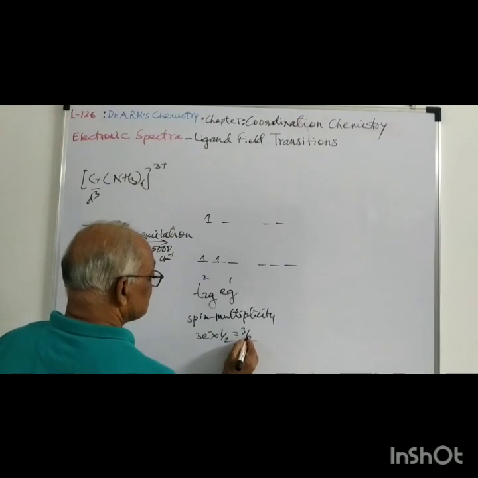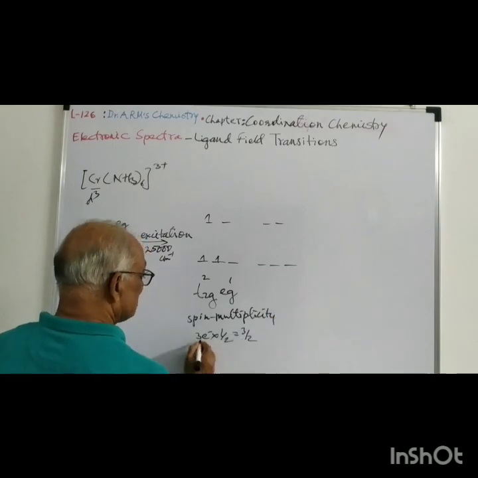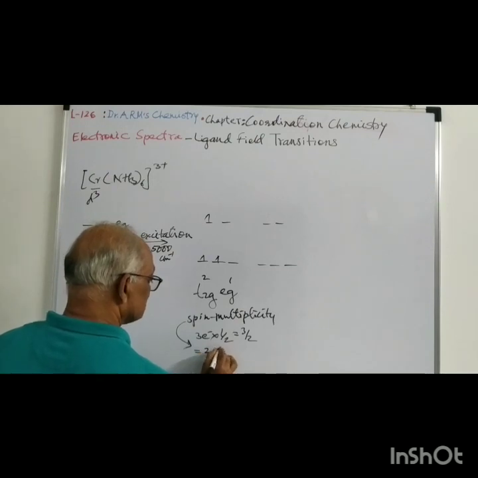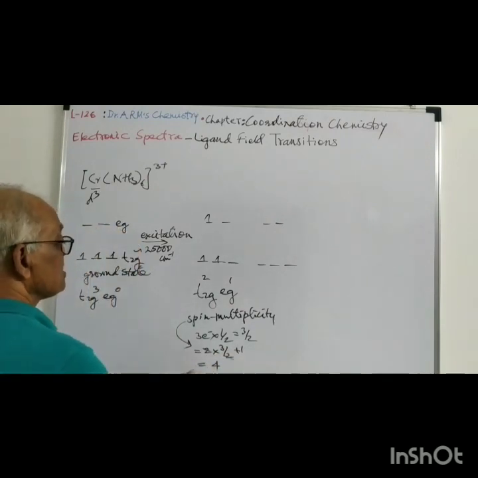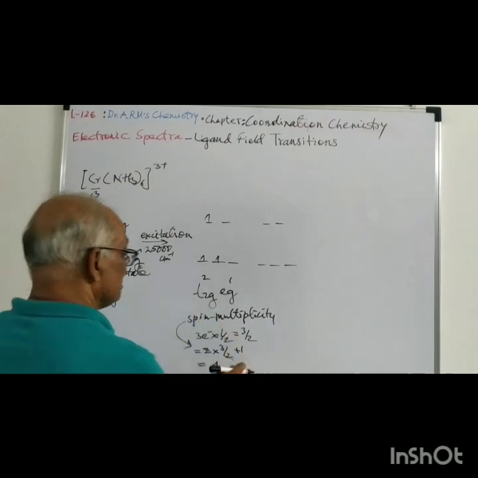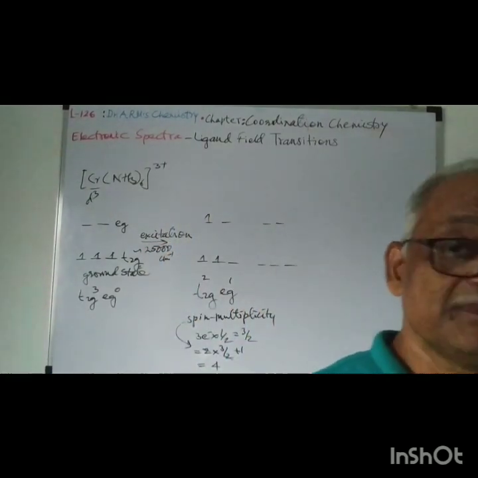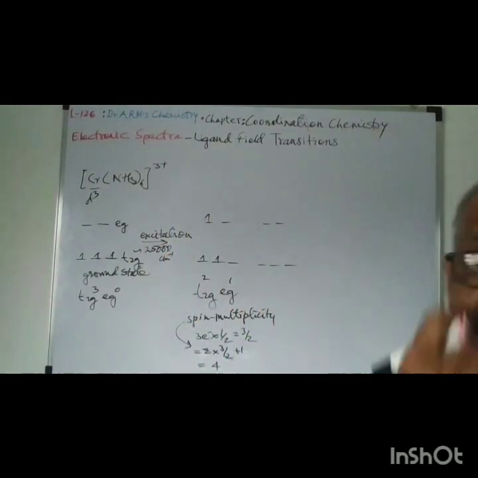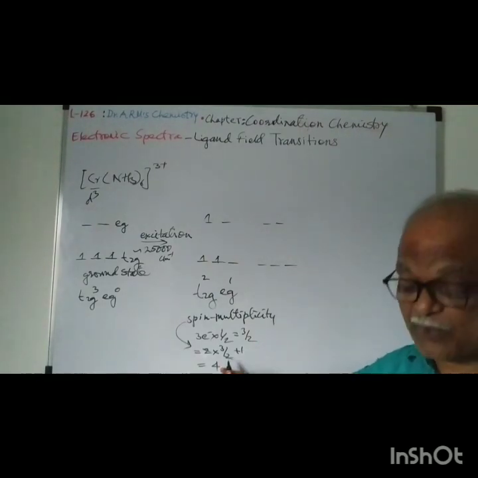The spin multiplicity is given by 2 into 3/2 plus 1, which gives 3 plus 1, that is 4. So the spin multiplicity is 4 here, and we can have electronic states having a spin multiplicity of 4.